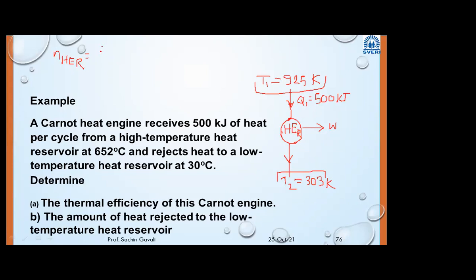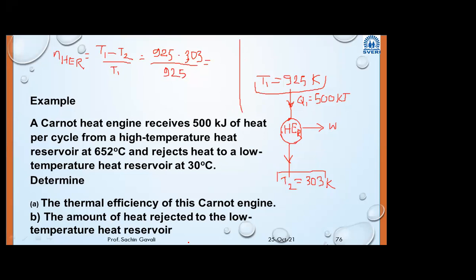So it is T1 minus T2 divided by T1, a formula everybody has to remember. So 925 minus 303 divided by 925. Anybody give the value?